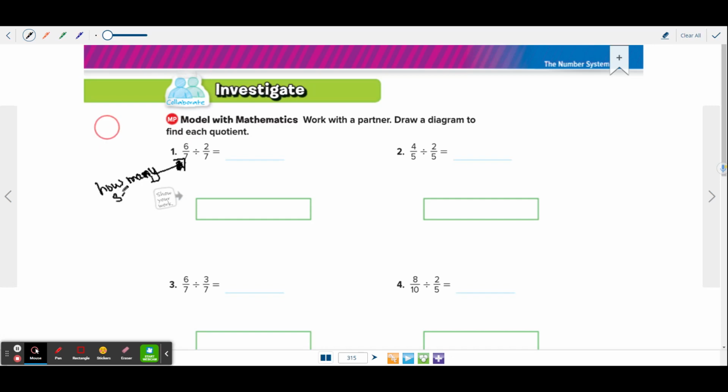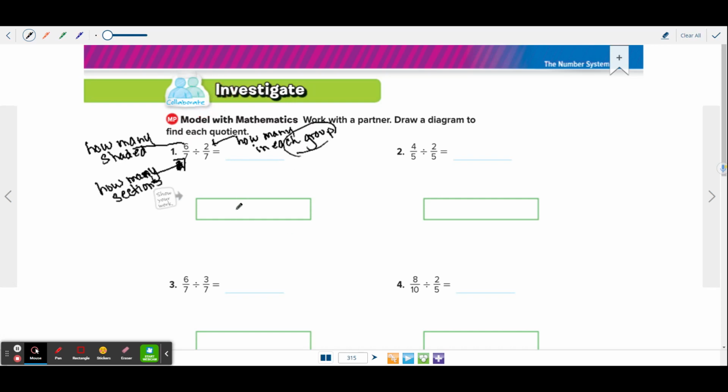How many sections? The top number on the first one tells you how many shaded. And the top number on the second one tells you how many in each group that you're going to circle. Okay.